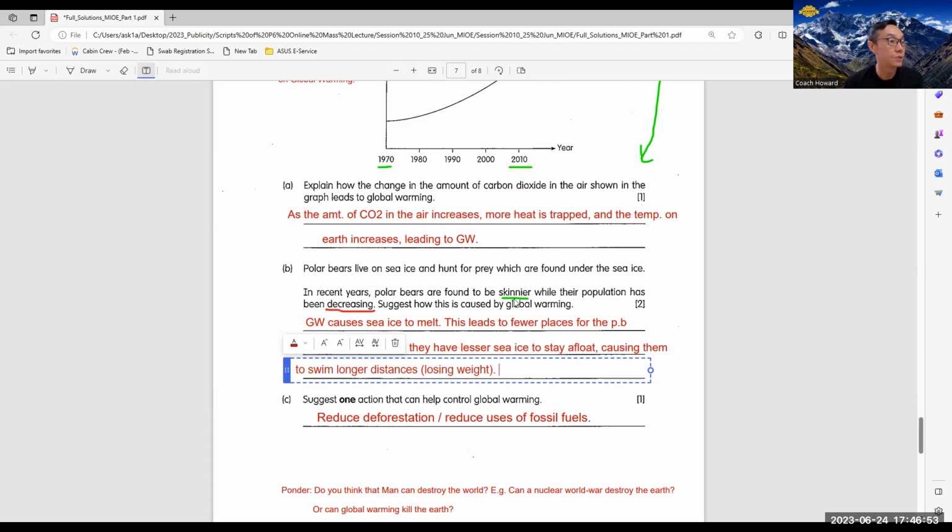And then also they're decreasing in population. They die more easily. Okay. To catch prey and reproduce.